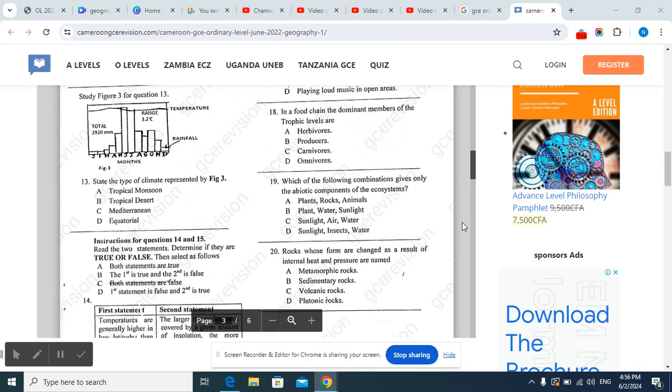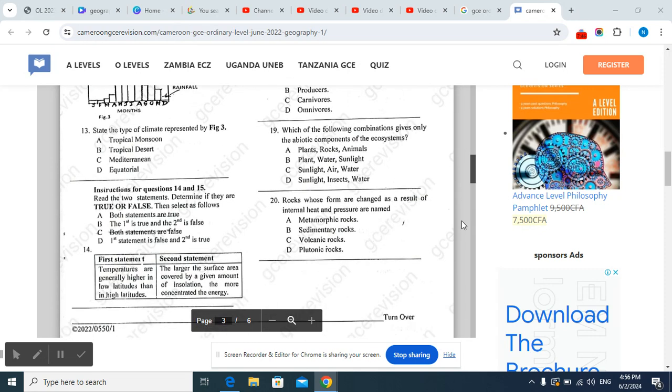Number 14. Instructions for questions 14 and 15: read the two statements, determine if they are true or false, then select as follows. Question 14.